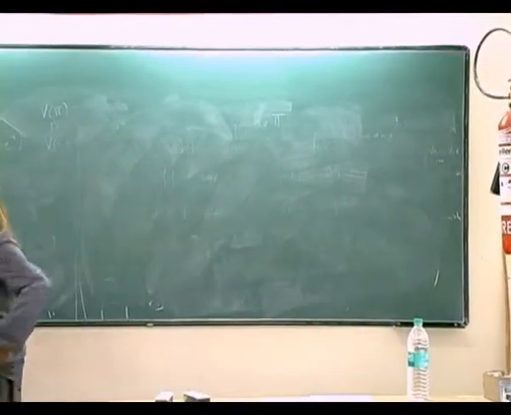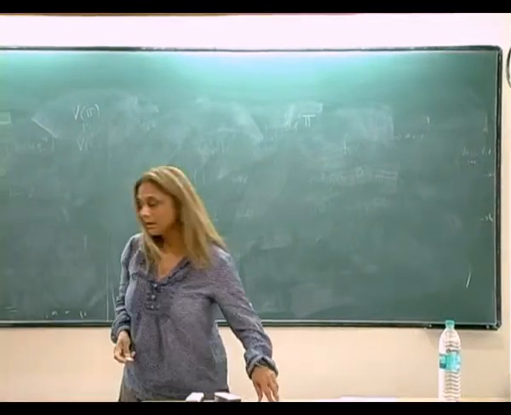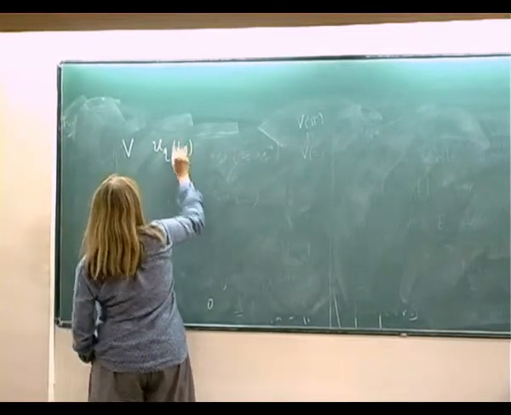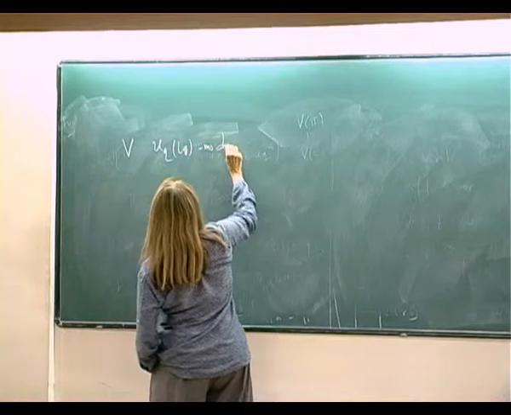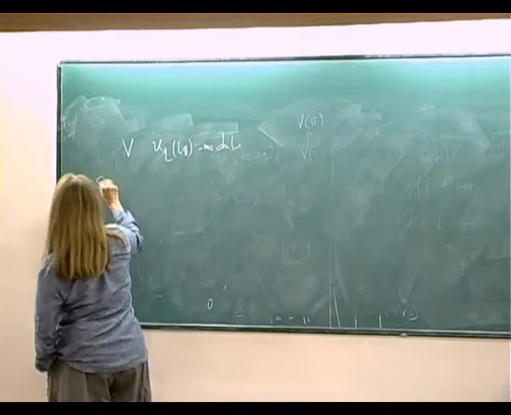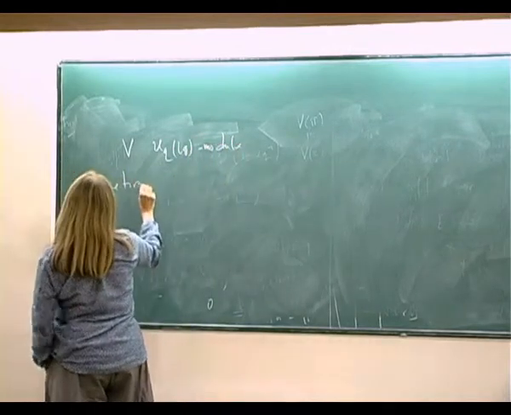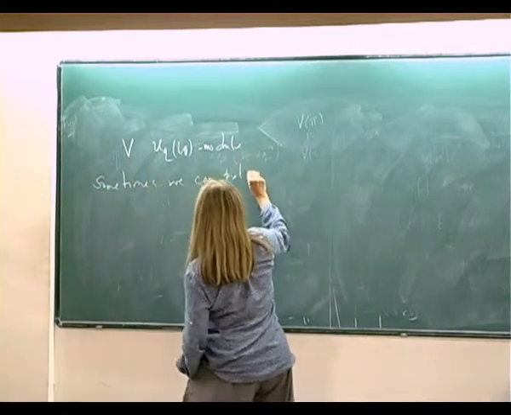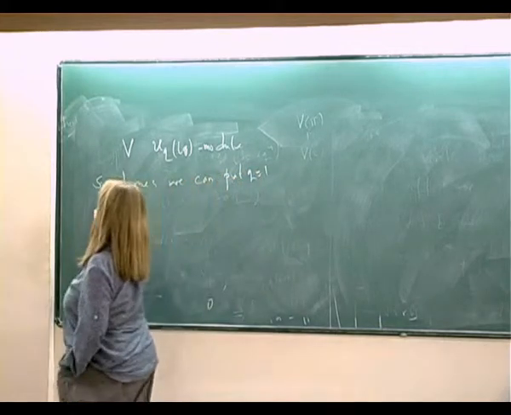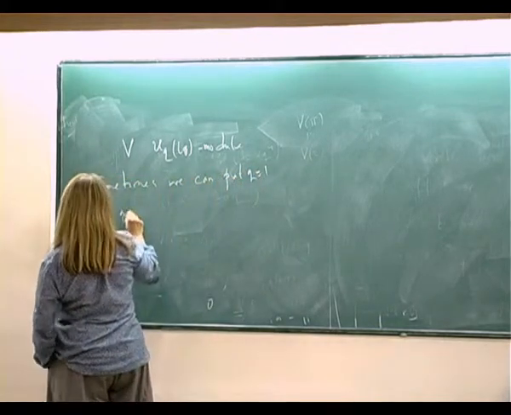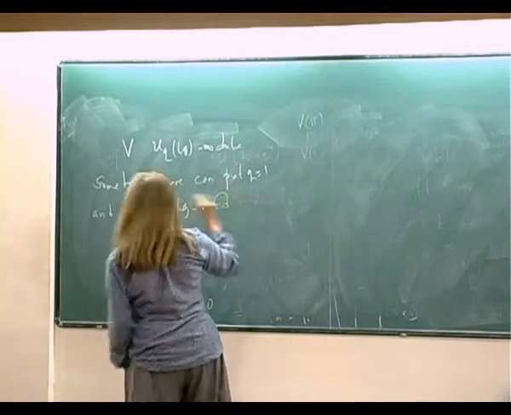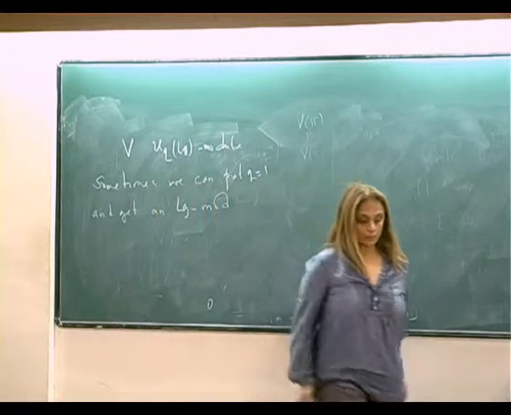Okay, so now I have to say two more things about why I can reduce myself to the current algebra, which I'll do now. I've said many times that if you take V to be a U_q(LG) module, in fact V pi, then sometimes you can put q equal to 1, in which case you get an LG module. So I made some comments of when we could put q equal to 1.